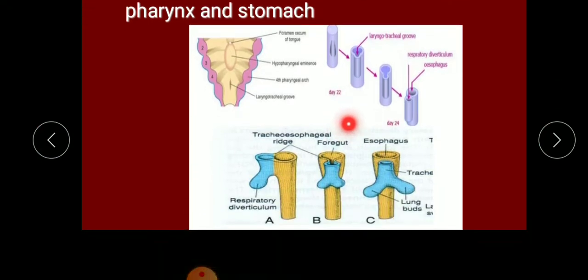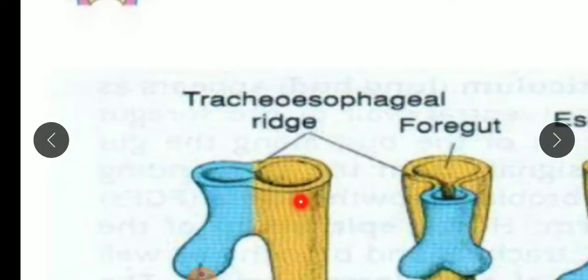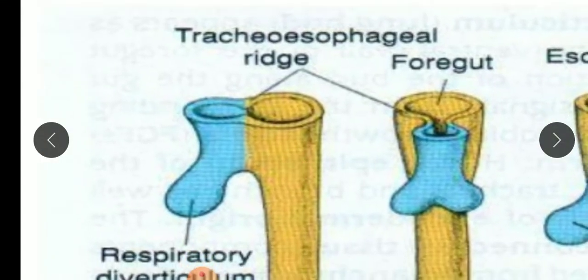Look at that figure. What you see here is the foregut. This part of the foregut is going to develop as your esophagus, and in the anterior part, first you have a small groove developing termed as the laryngotracheal groove.